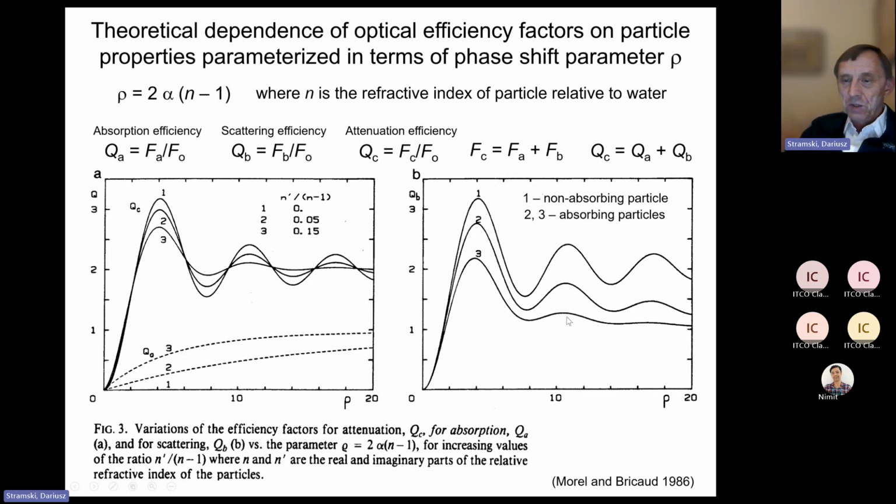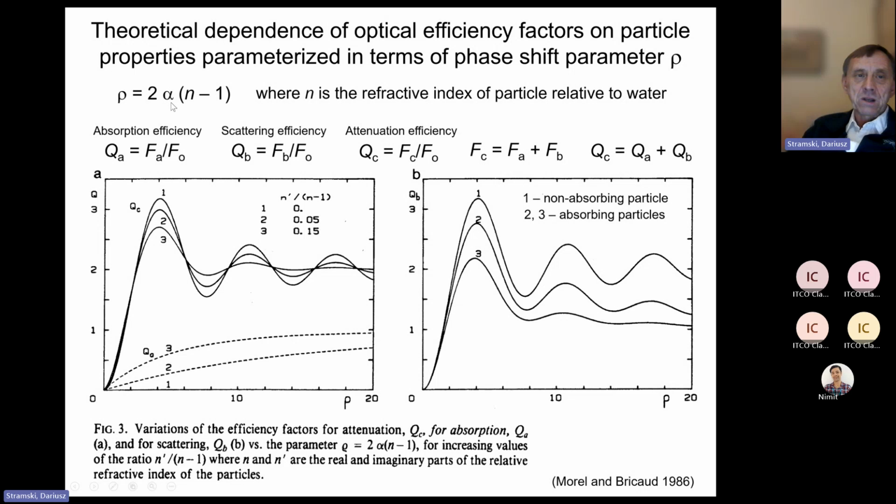And you can also see that if rho is large, and rho can be large either if the particle is very large relative to light wavelength, or the particle has a very large refractive index, or both. So let's assume a typical refractive index, we can fix it.